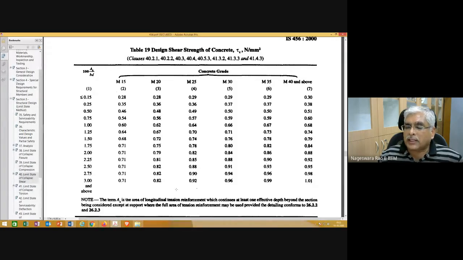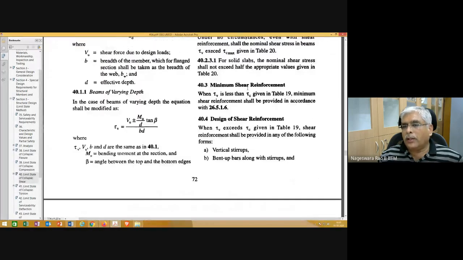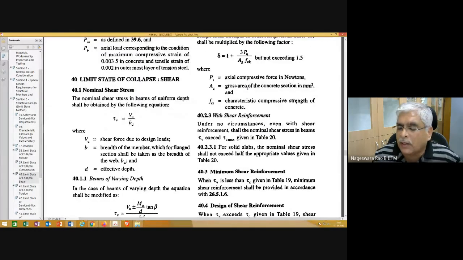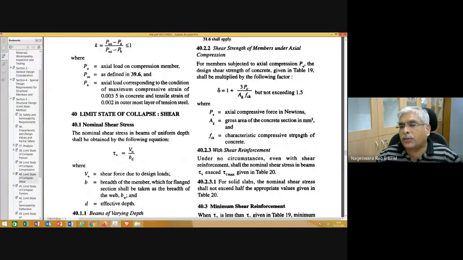That is the shear stress which this beam has to withstand. But inherently the beam is going to have certain strength, and that design strength is going to depend on the grade of concrete and the percentage of tensile steel provided. That can be read out from Table 19 or the equation that is given in SP16. So given a section and the loading details, you should be able to get these two.